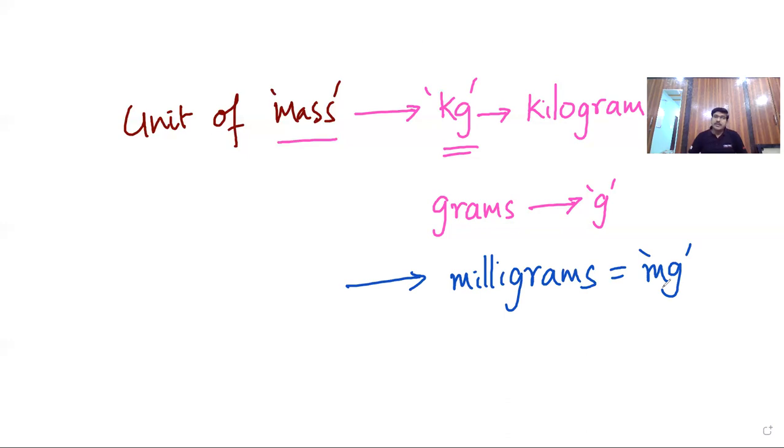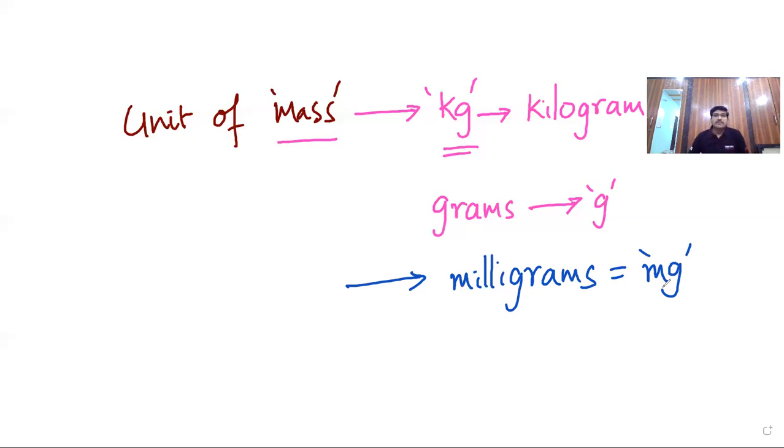Large quantities in kilograms, kg, in the MKS system. Small quantities in grams, G, in the CGS system, that is the centimeter, gram, second system. And very, very small quantities in milligrams, mg. These are the units in which mass is expressed.